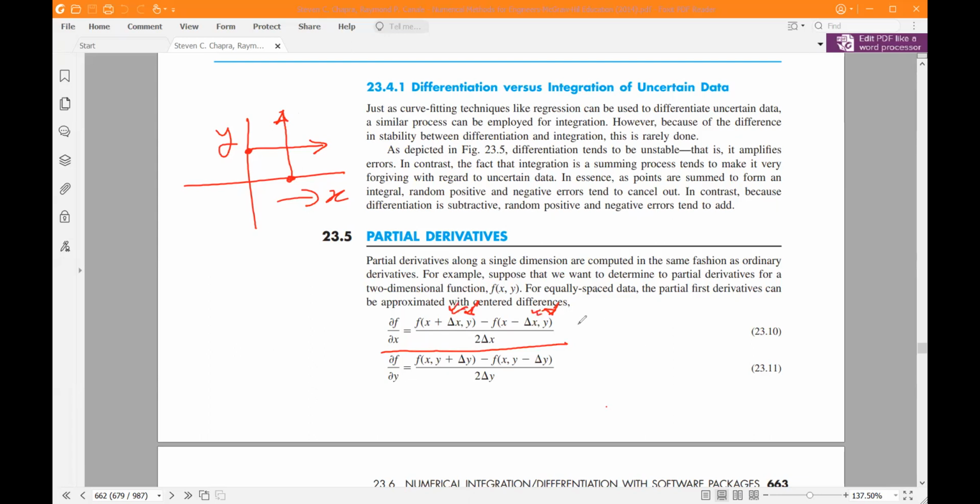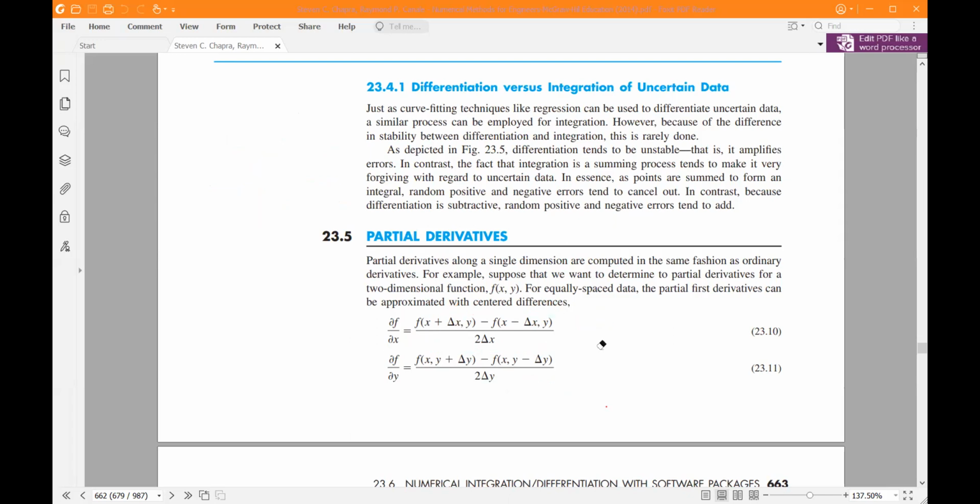This is a central, first order derivative of your function in the x direction. Here x is fixed, y is changing, so you are taking the derivative in the y direction. In this way, we can calculate the partial derivative.